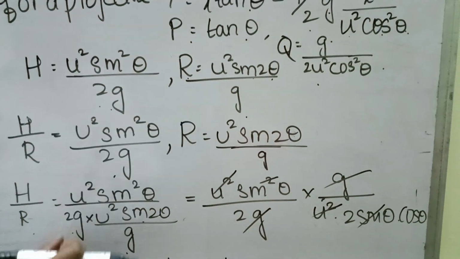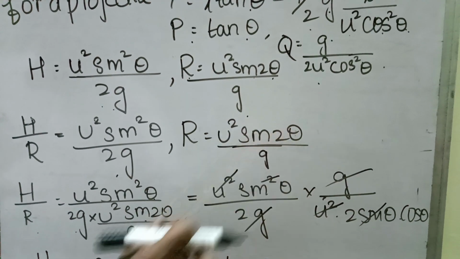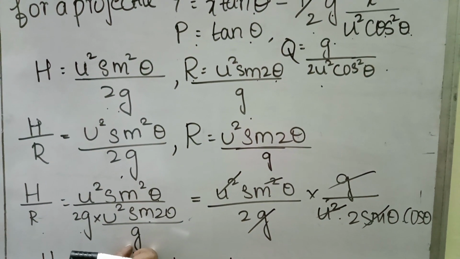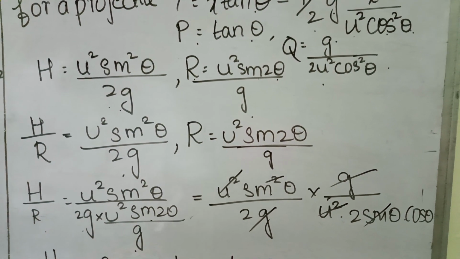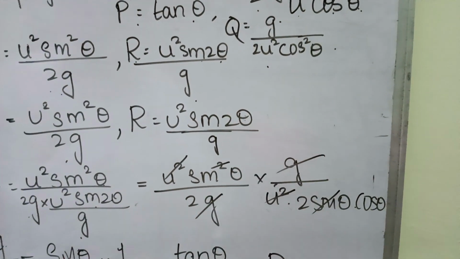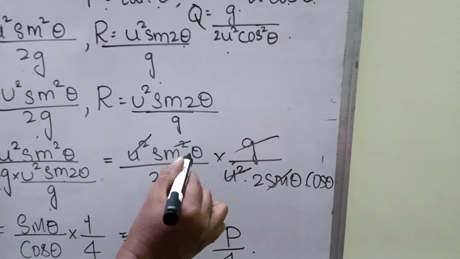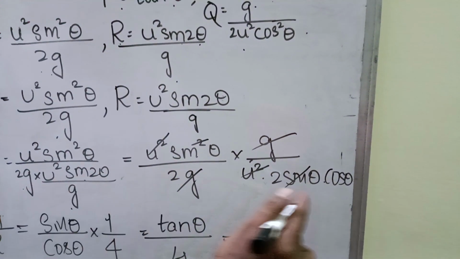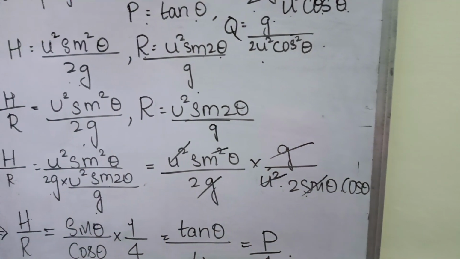This is the h formula here, and this is the r formula. So if we simplify the calculation, u square gets cancelled, g gets cancelled, and finally we get sin square theta by 2 sin 2 theta. Sin 2 theta is written as 2 sin theta cos theta, from your trigonometry.